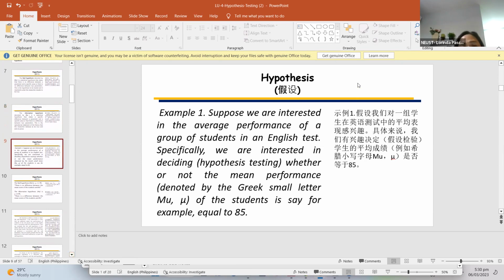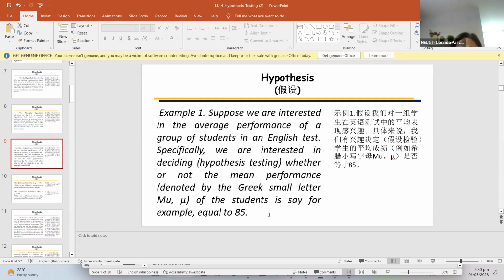Example. So suppose that we are interested in the average performance of a group of students in an English test. So specifically, we are interested in deciding, so ito na yon, mag-hypothesis testing ka, whether or not the mean performance, denoted by the Greek small letter mu, so yung mean is denoted by this symbol, the Greek letter mu, of the students is, say, for example, equal to 85.